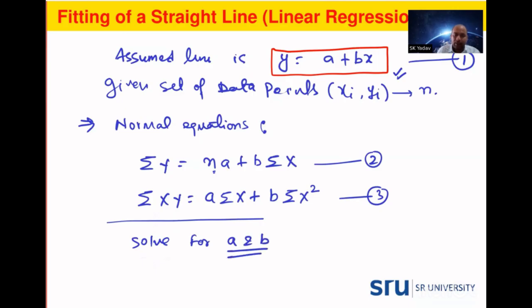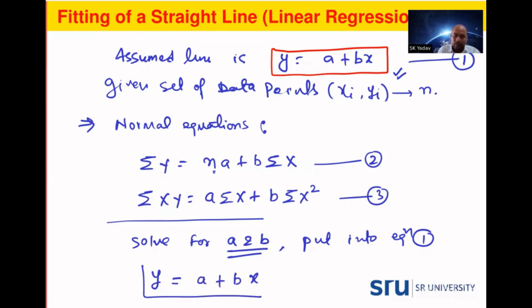Once I get a and b, I put them into 1. By putting into 1, I will get the best fit straight line for the given data sets. So these a and b I have to compute.